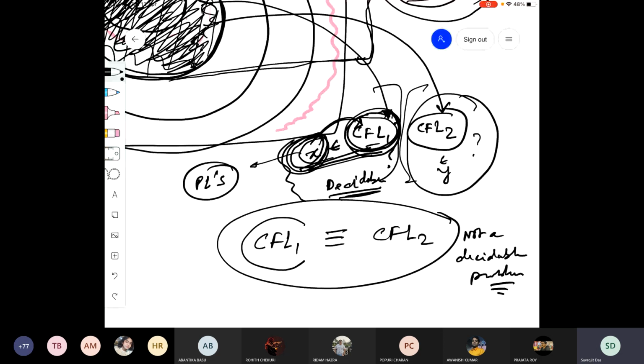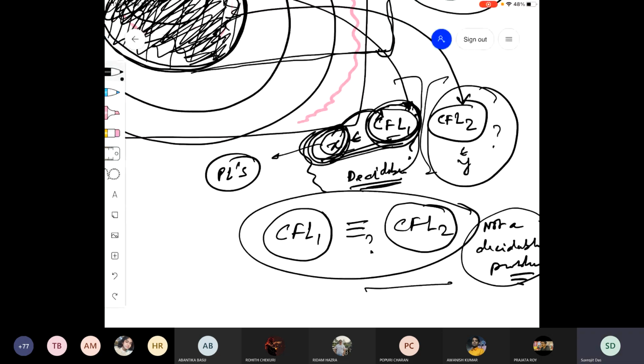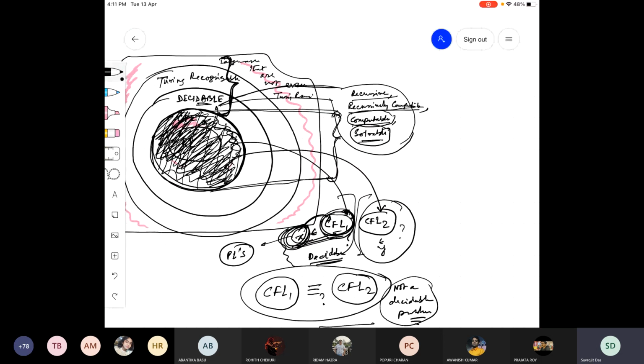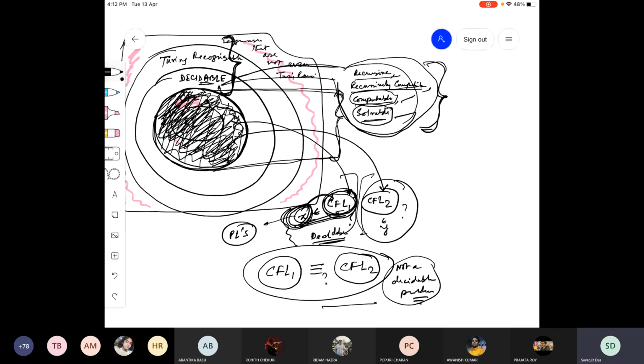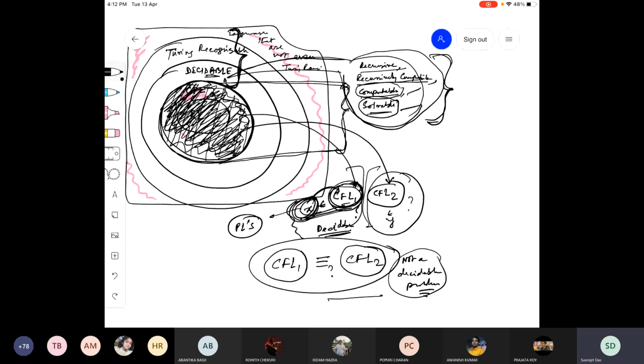But if you say that the whole language CFL1 is equivalent to CFL2, is that a decidable problem or a non-decidable problem, having defined decidability as recursively computable or simply computable or solvable? With our general intuitions for all these terms, there should be a model that applies decidability in the most generic way.